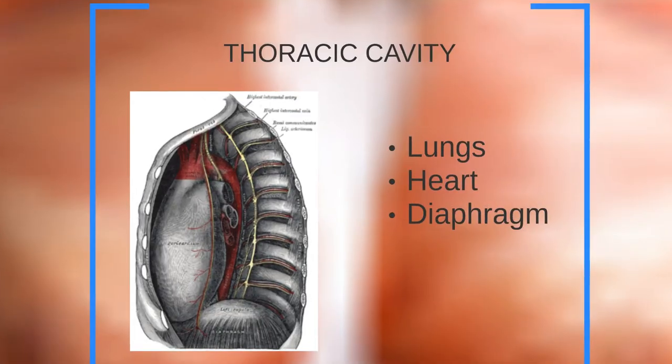So there are three key cavities to the torso. We have to have some understanding of what's found within those cavities. The first is the thoracic cavity. And you can see the picture there. That's basically from the neck at the top that you see up here down to the diaphragm here at the base of the rib cage. And found within this hollow cavity of the body here are the key organs. I'm sure you're familiar with a lot of them.